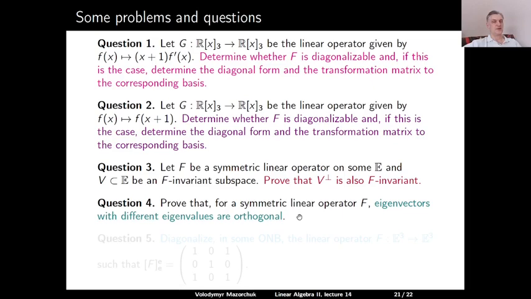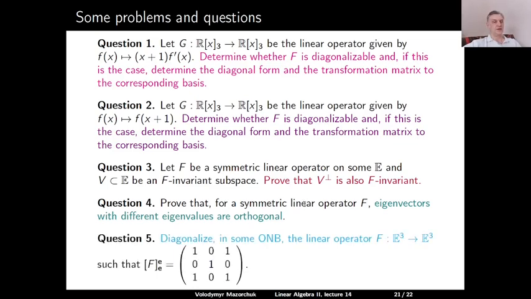Prove that, for a symmetric linear operator f, the eigenvectors with different eigenvalues for f are orthogonal. Question 5. Diagonalize, in some orthonormal basis, the linear operator f from E3 to E3, which has the following matrix in the standard basis. So the matrix is (1, 0, 1), (0, 1, 0), (1, 0, 1).